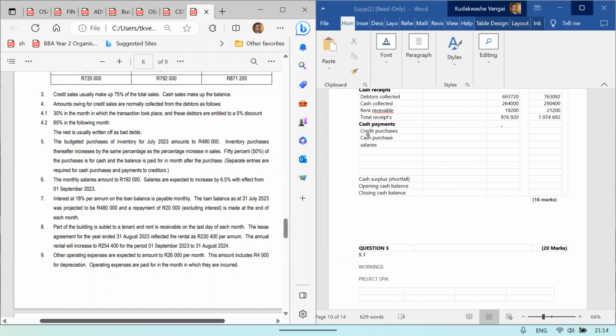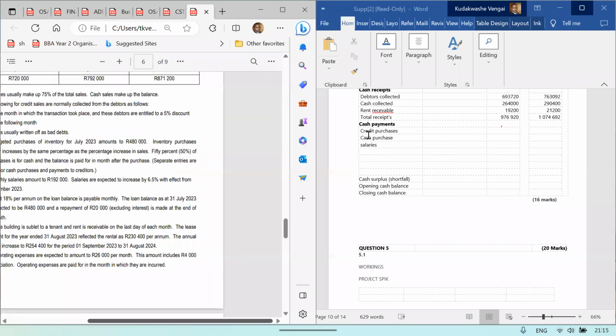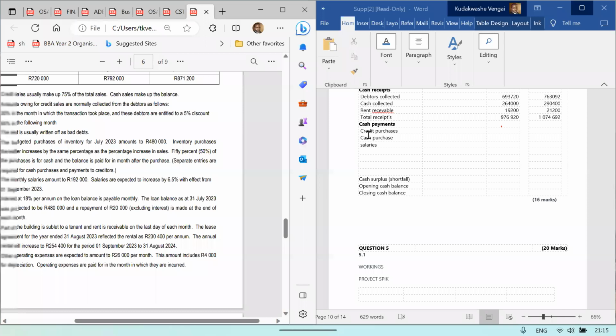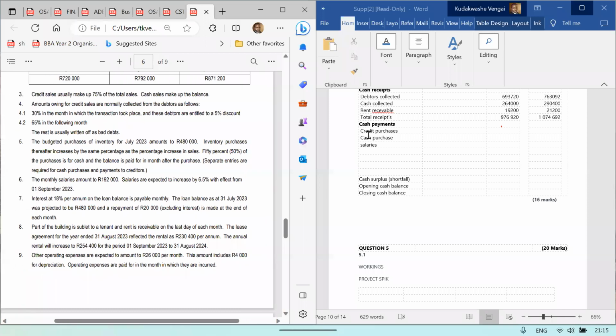All right, let's see. So the monthly salaries, sorry, where was I? Purchases. Okay. The budgeted purchases for July 2023 were 480,000, right?